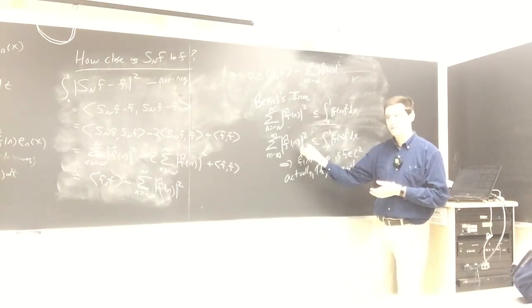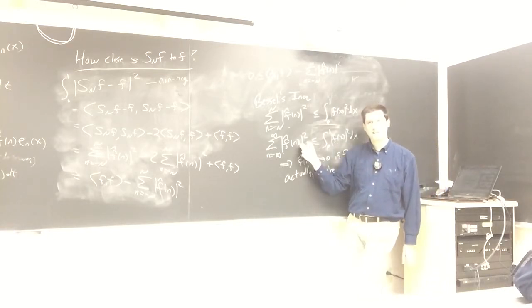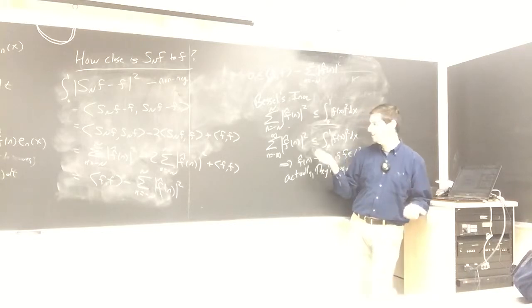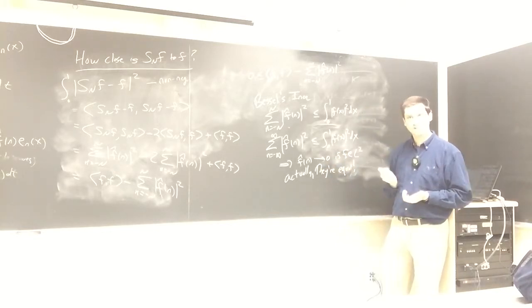What does this mean? If this is an equality, all I need to do then is choose a function whose Fourier coefficients squared are what I want to sum. So for instance, the sum of 1 over n squared. If I can find a function whose Fourier coefficients are 1 over n, and I can integrate the resulting function f, I'm going to be able to sum 1 over n squared.